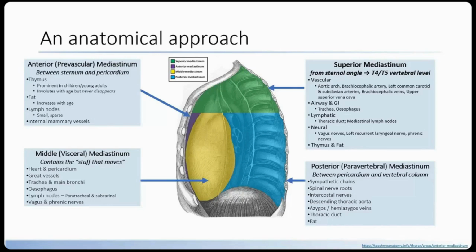But it's also important to remember that you can have upward extension of thymus, but also you can have downward extension of thyroid and other things as well. And it's really important to not forget the superior mediastinal component. And I'm sure we'll talk about it later at some point in this process.